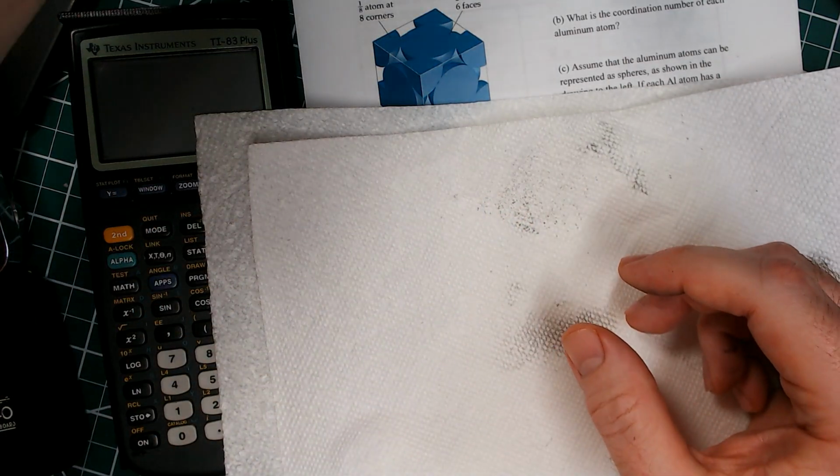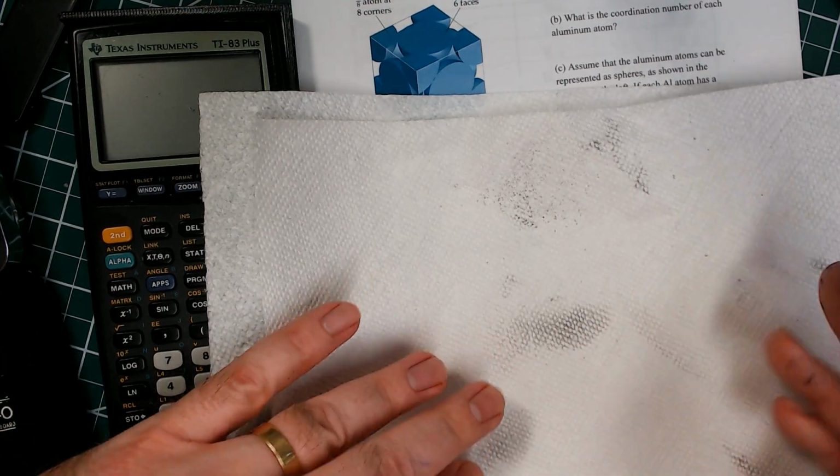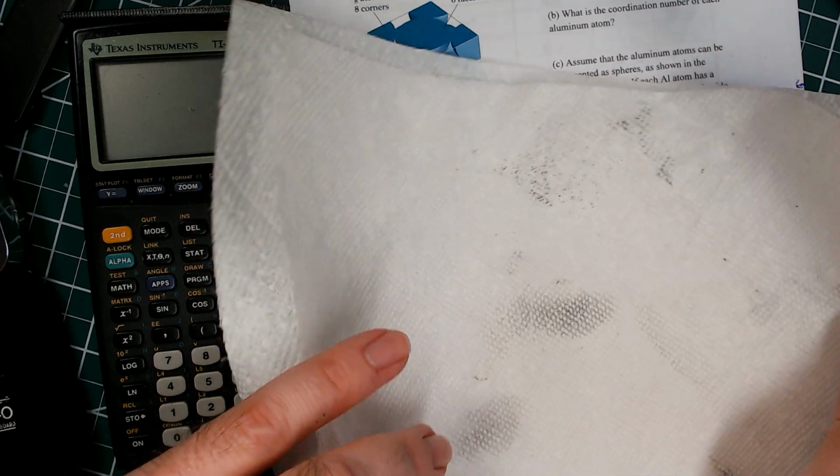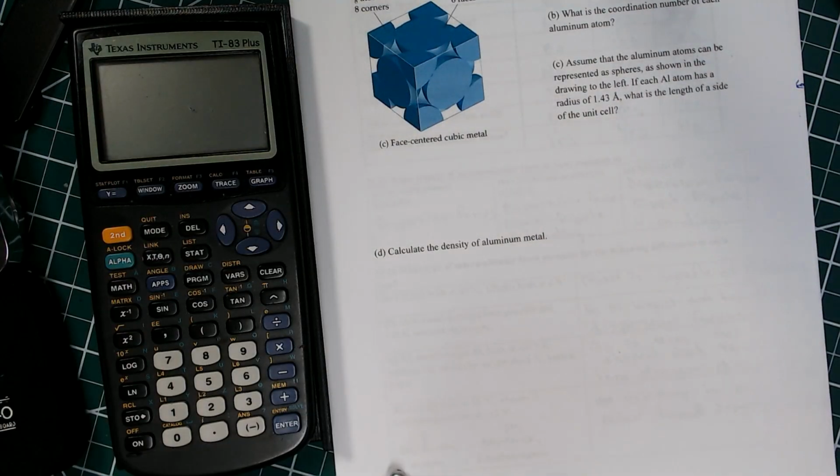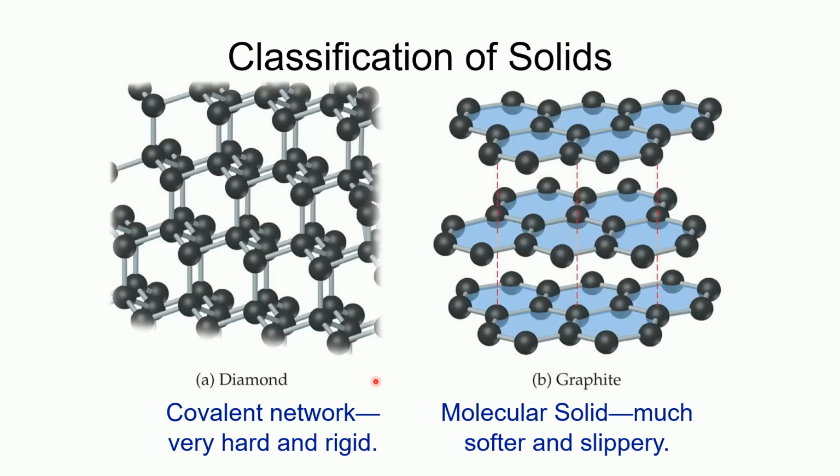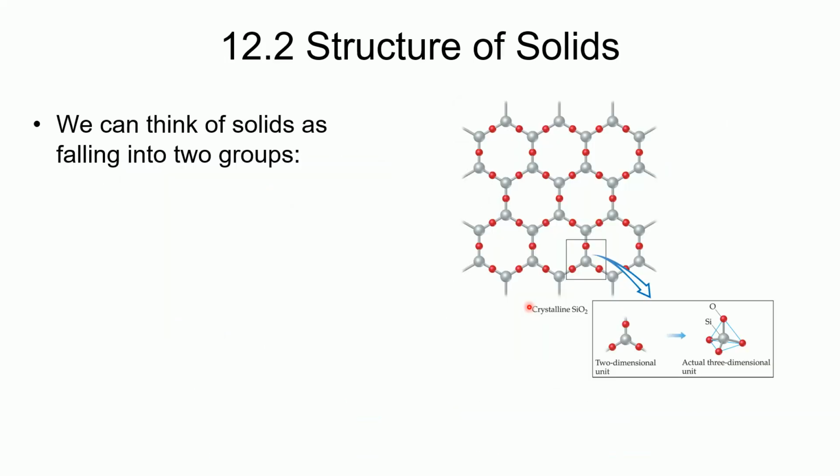So graphite is pretty handy to have around. I've got some in my workshop all the time. I don't use it all the time, but I always have some ready to go. All right, so that's diamond versus graphite.